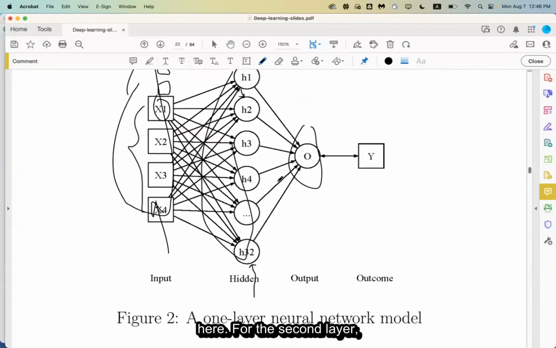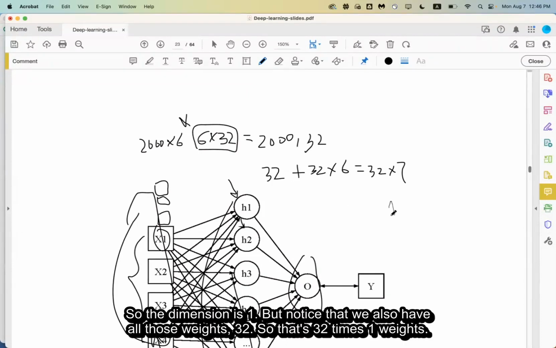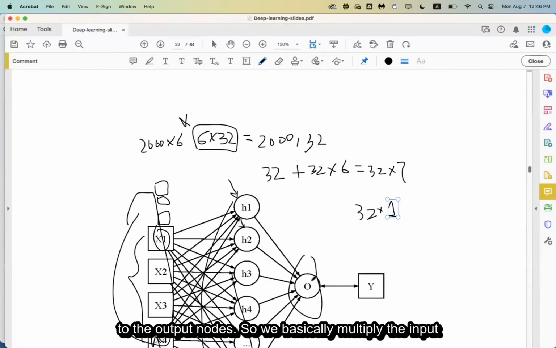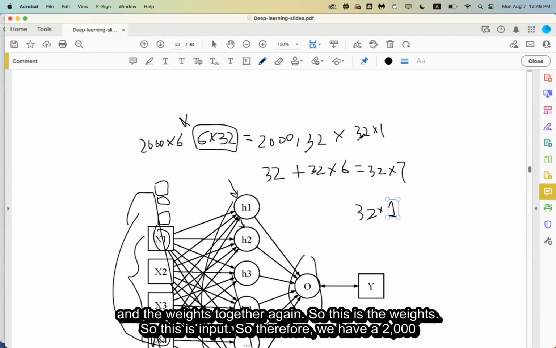For the second layer, there's only one output. So the dimension is 1. But notice that we also have all those widths, 32. So that's 32 times 1 width. Right? So we move from these nodes to this output node. So we basically multiply the input and the width together again. So this is width, so this is input.